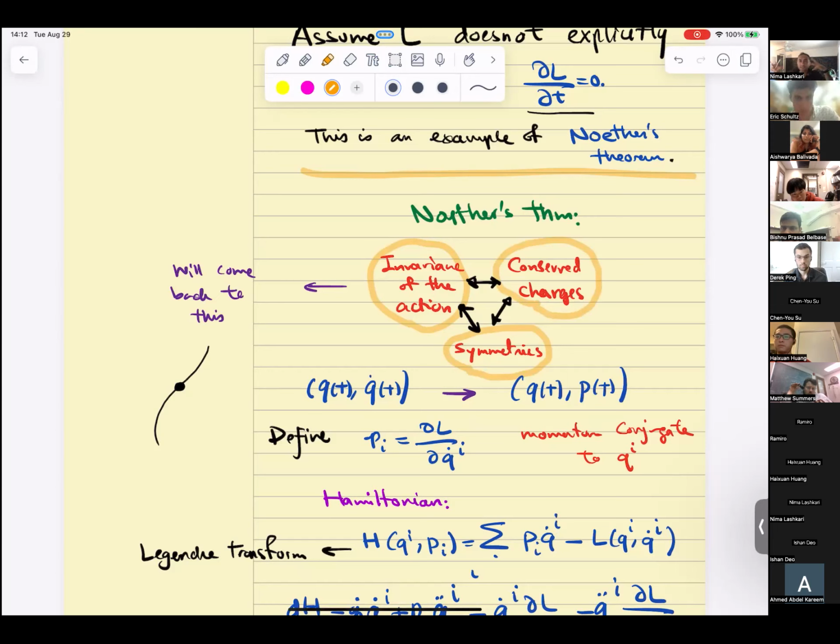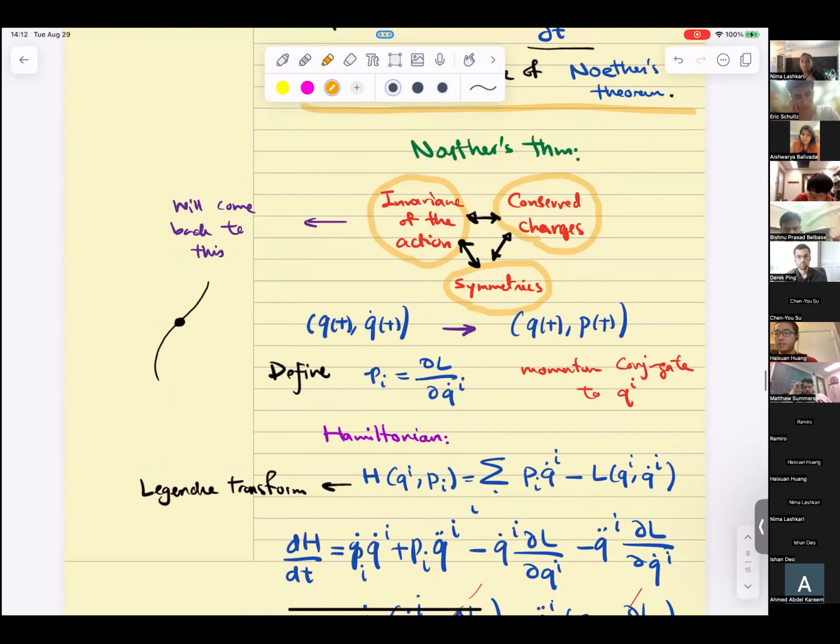So you can think of this as a triangle. Conserved charges and symmetries are two sides of the same thing. And then once you talk about mechanics or physics in the language of actions, these are also the same thing as invariance of the action under transformations. This is the content of Noether theorem, but we're going to go over this in more detail, right?